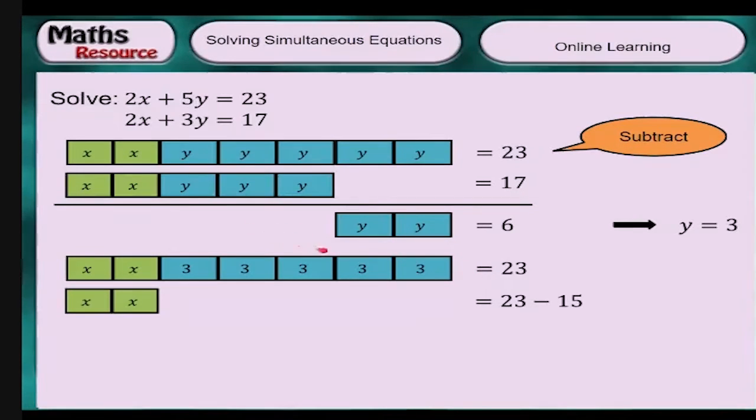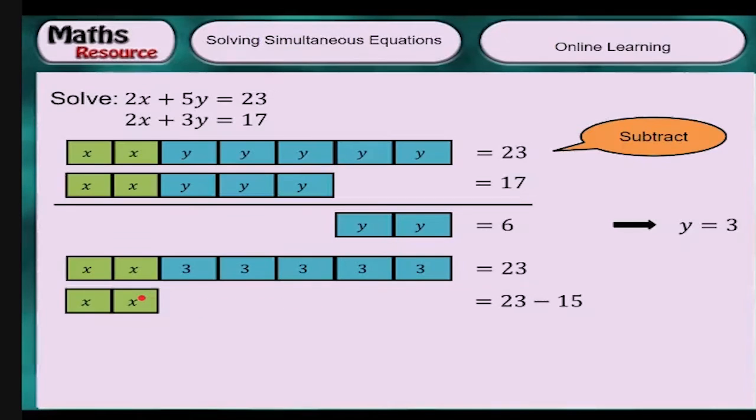Now, I know that all this together equals 23. So what I'm doing now is taking away these 3's. 3, 6, 9, 12, 15. Because I want the x on its own, remember. So I take away 15 from this side, I take away 15 from that side.